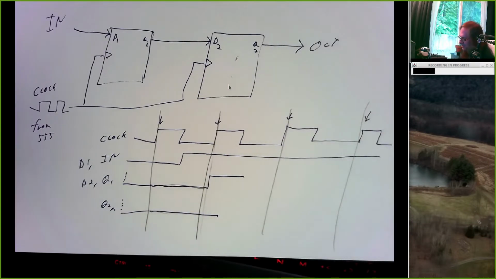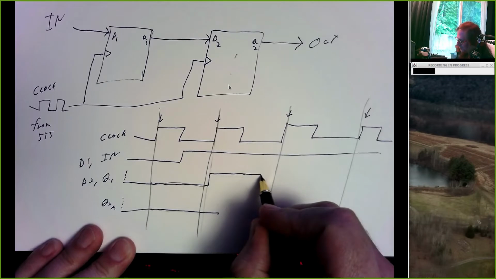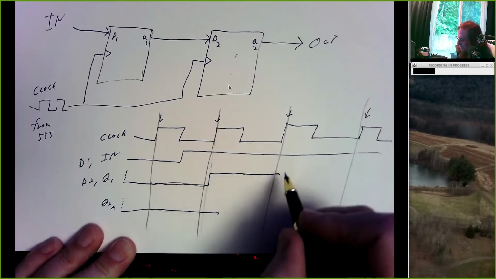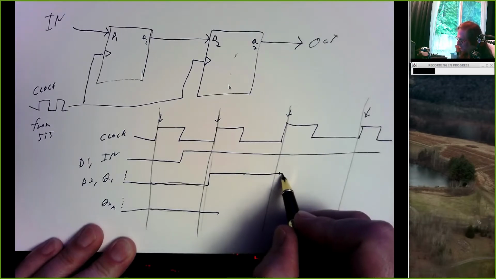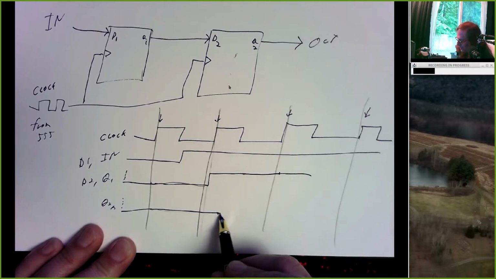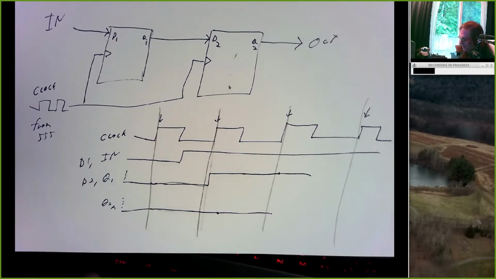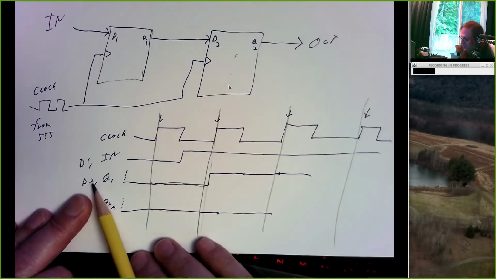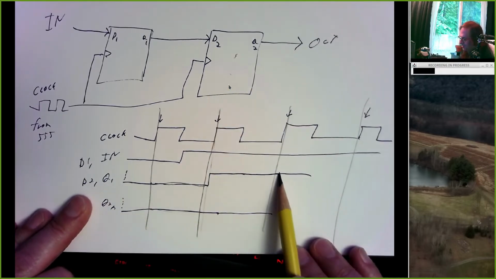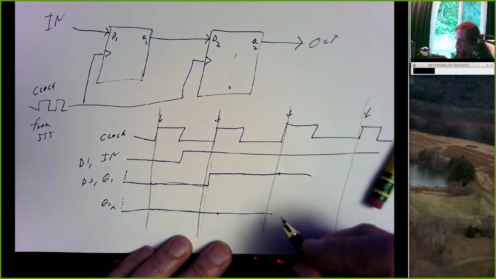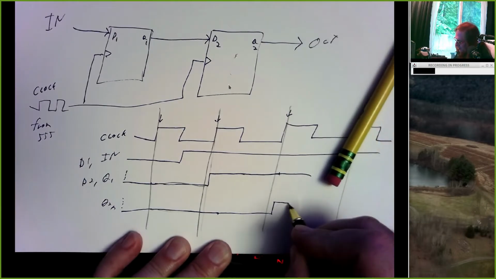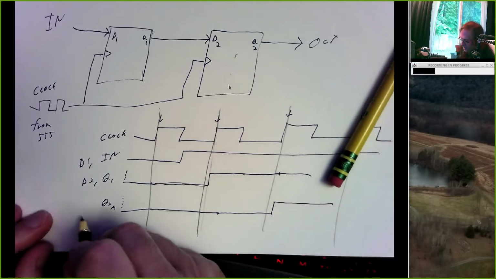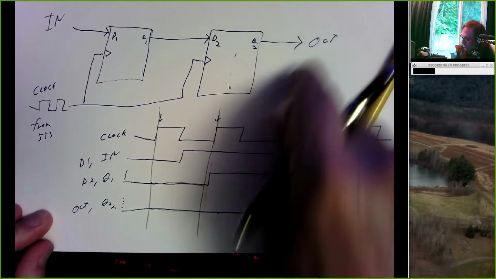And then nothing happens until the next clock tick. At the next clock tick, the input is still high, so Q1 is going to stay high. But now something different happens. At this clock tick, flip-flop 2 says, what's my D input? It's a 1. I'm going to change my Q to also be a 1. And Q2 is what we call out.